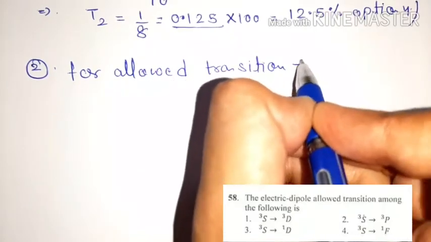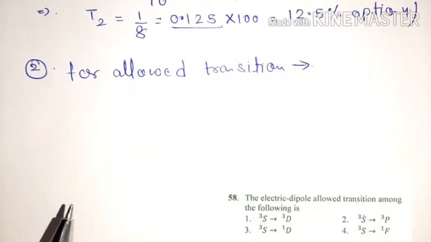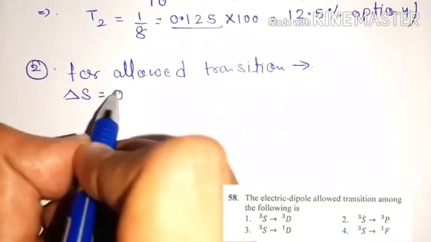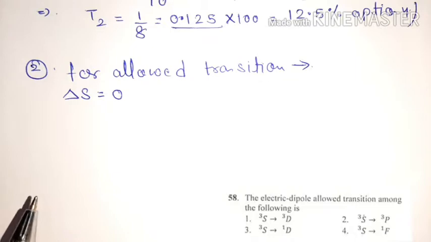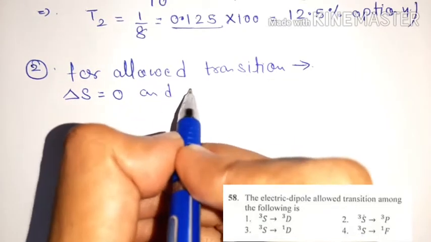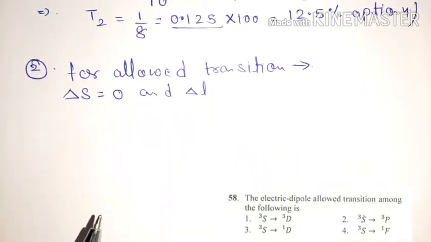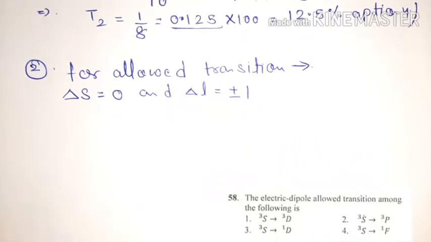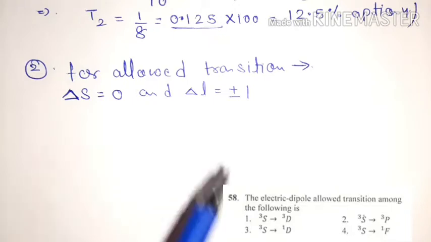Basically we use 2 selection rules. For allowed transition the delta S, or difference in spin multiplicity, will be 0, and the difference in azimuthal quantum number, that is L, will not be greater than 1, that is plus minus 1.